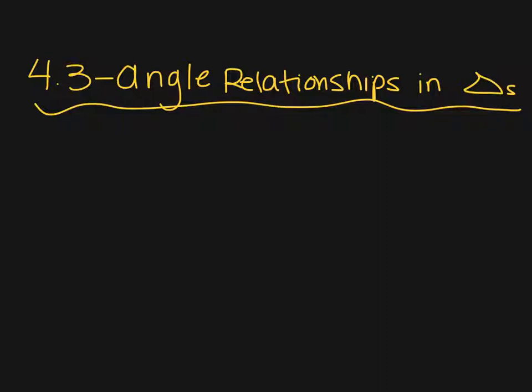All right, and then 4.3 was angle relationships in triangles. So there were a bunch of corollaries and theorems in this section having to do with the angles inside the triangle.